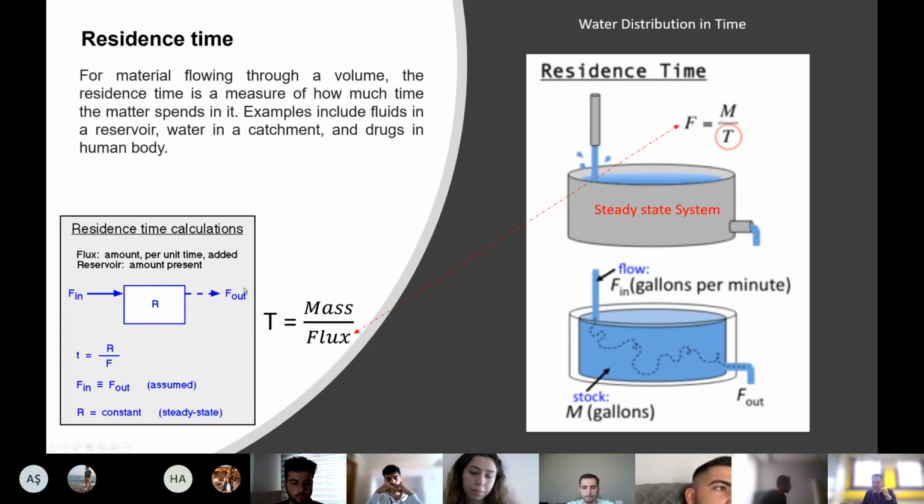To calculate residence time, we use this formula. The formula comes from its definition: a water molecule, or mass, remains in a system. To explain more, let's see first this figure, for example.